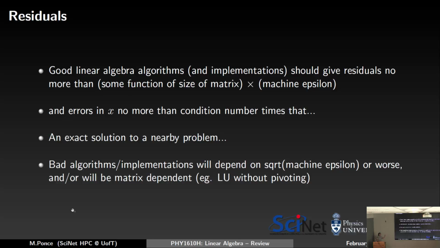Again, the error in x, this is a very good sign, shouldn't be larger than the condition number times that. Bad algorithms or implementations will depend on something like the square root of the machine epsilon or worse, and it will be matrix dependent. We're going to see a bit more examples about that.